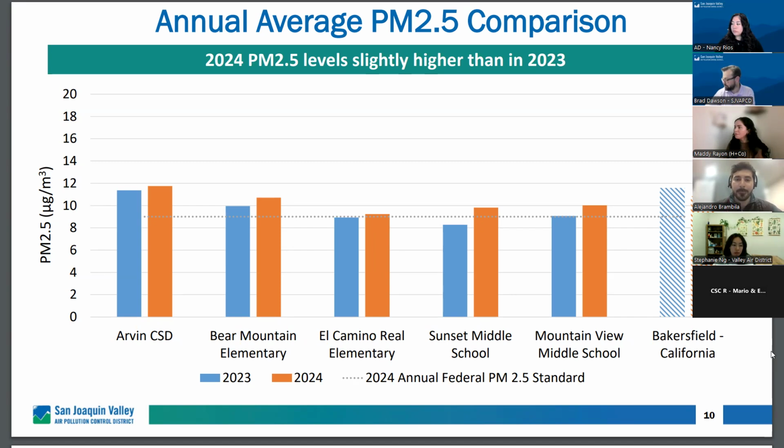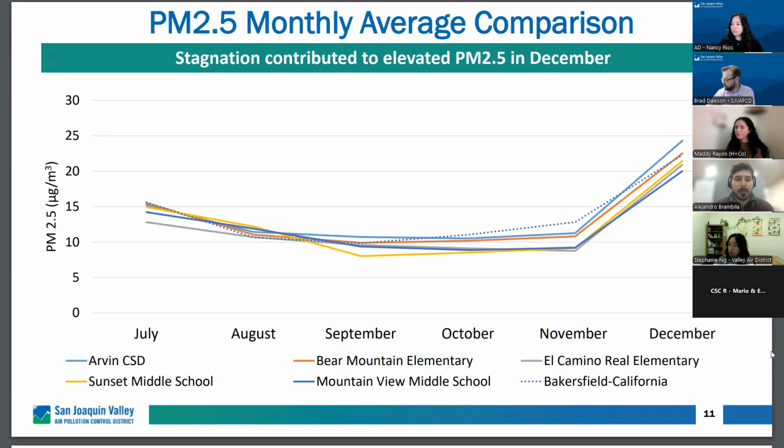Next slide. So this graph depicts monthly averages for the past quarter 3 and quarter 4 for the community. As you can see, quarter 4 shows a higher PM value due to the colder winter months. All sites showed a similar trend. Next slide.